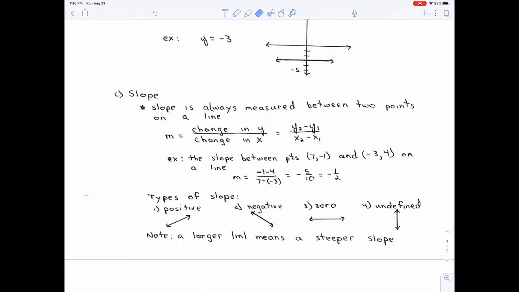Now, for example, find the slope between points (7, -1) and (-3, 4). I take the change in y, so I take -1 minus 4, and then over the change in x.